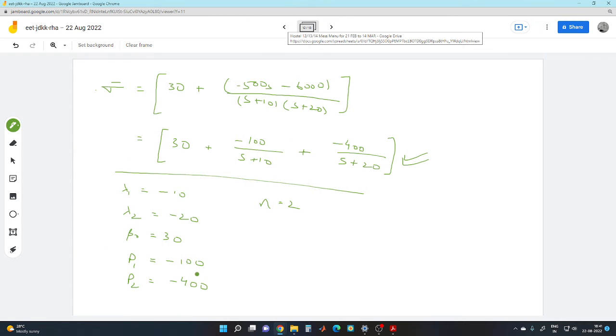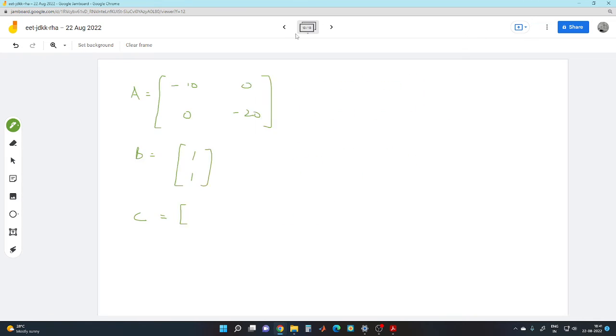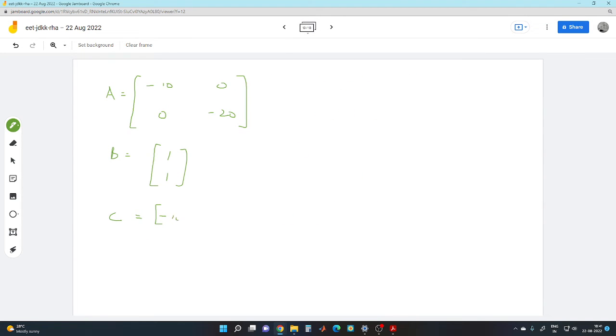So P1 is minus 100, P2 is minus 400, so we can write it as minus 100 minus 400. And D we know is equal to beta naught, which is 30. So we directly know the Jordan canonical form.